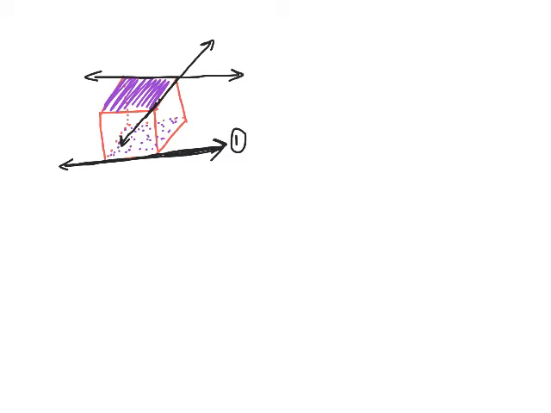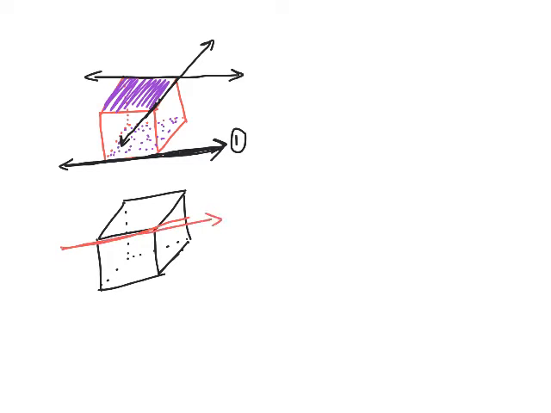Parallel lines do exist in the same plane. So if we drew another shape, like a box like this, we should be able to identify some parallel lines as well. Parallel lines, like I said, do exist in the same plane. So this line here and this line here are parallel.